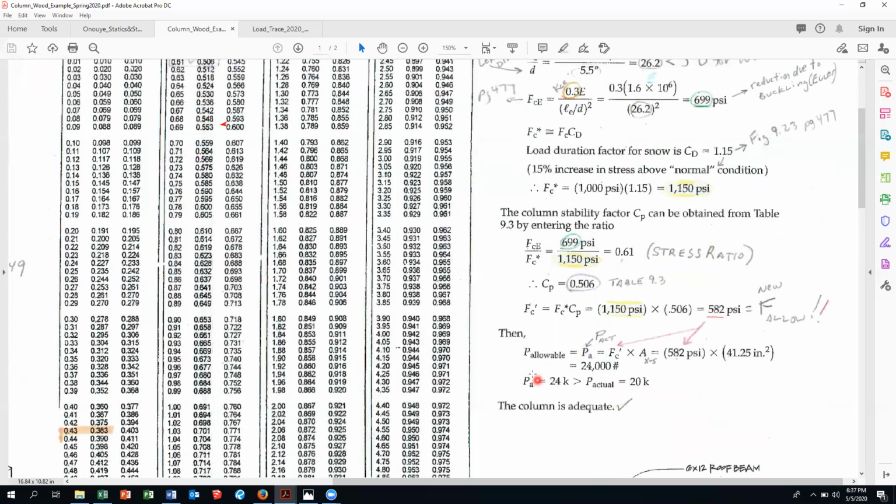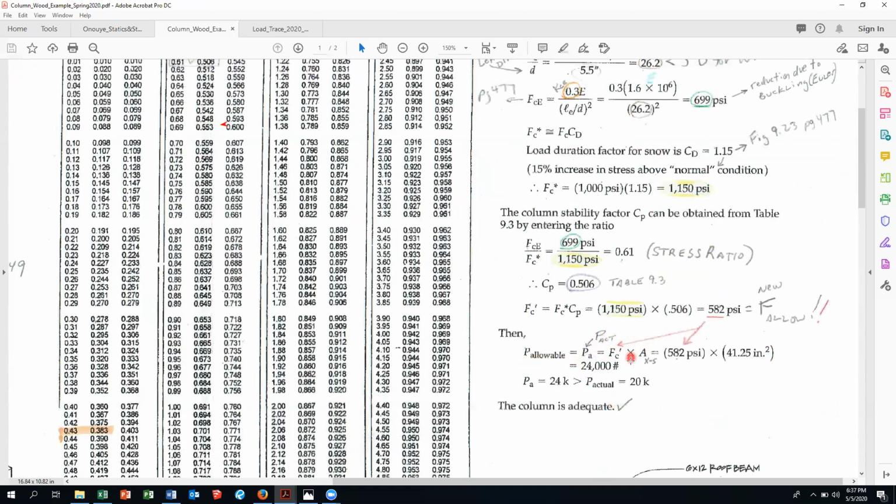And where does this come from? We had this, which is the allowable load, and actually that should be P allowable, not P actual. So strike that out right there. That's a blunder on my part.